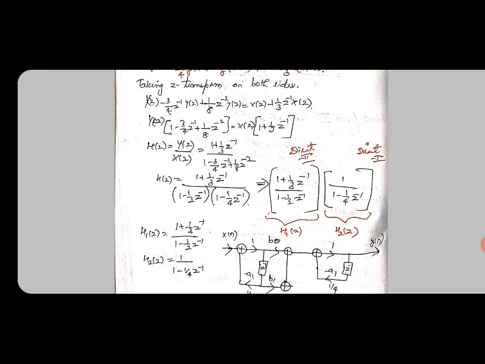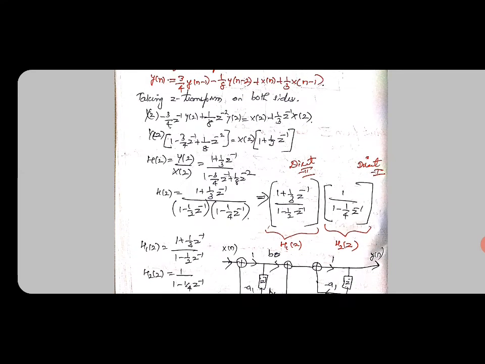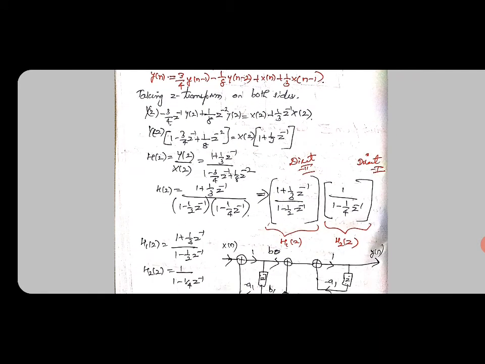We have 1 and minus 1 by 4. This is the cascade form realization. One will be the direct form 2 structure, and the other will be the direct form 1 structure. We just want to split the h of z function into two functions, h1 of z and h2 of z. One should be in the direct form 2 structure and the other in the direct form 1 structure.